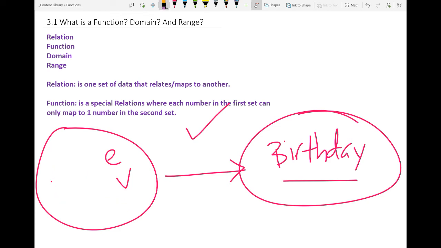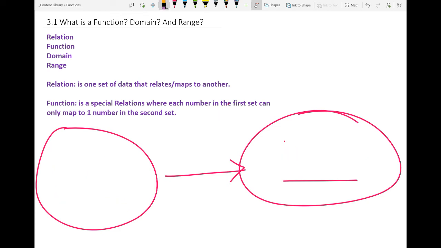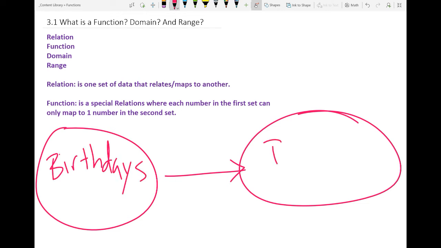But what if I flip-flopped that? What if instead I said, over here I start with birthdays, and that's mapping to people in Kentucky.